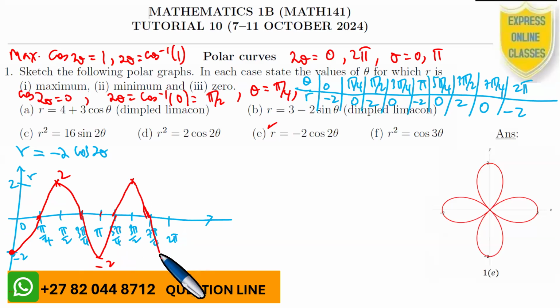And this is -2. Okay, this is the sort of graph we have for the r theta.